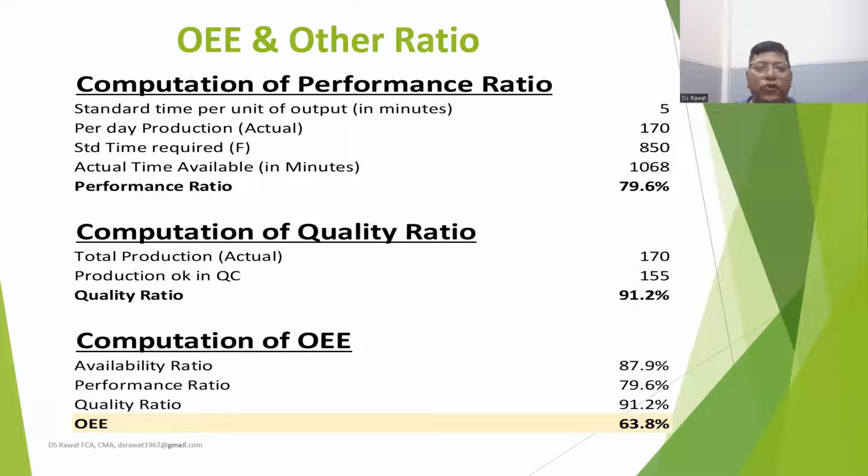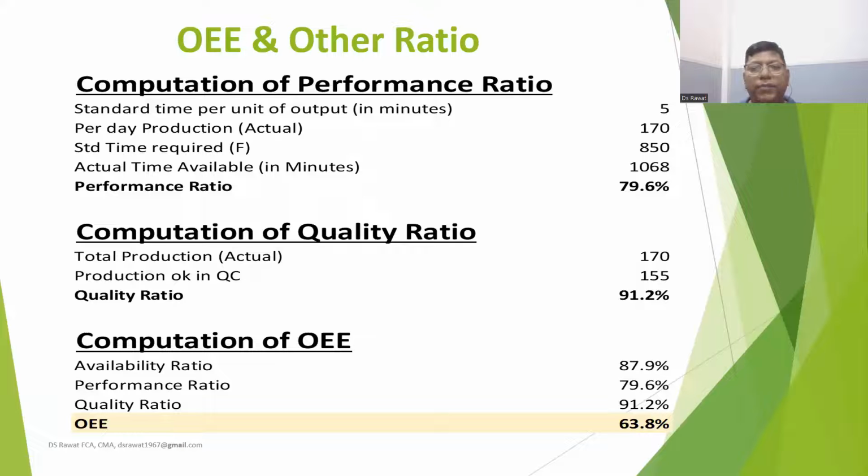The second ratio is the performance ratio. In the performance ratio, as I have already told, we have to know the standard time per unit of output. Why do we use standard time? The reason being, there are multiple products in a company and each product takes a different amount of time. Suppose product A takes 5 minutes, B takes 6 minutes, and C takes 4 minutes.